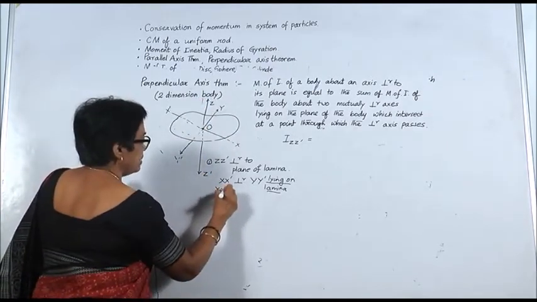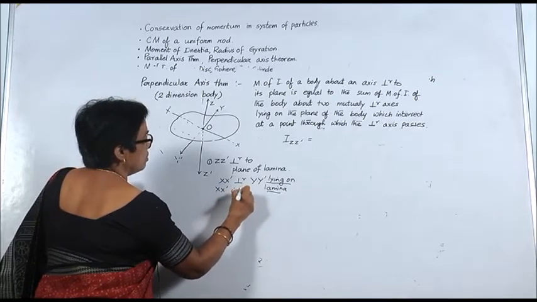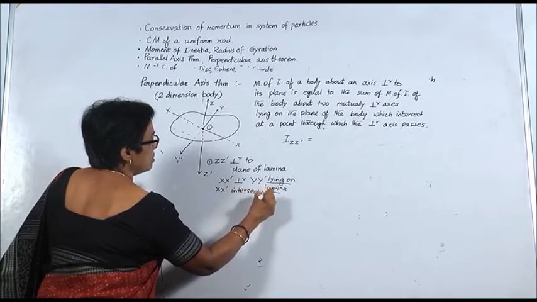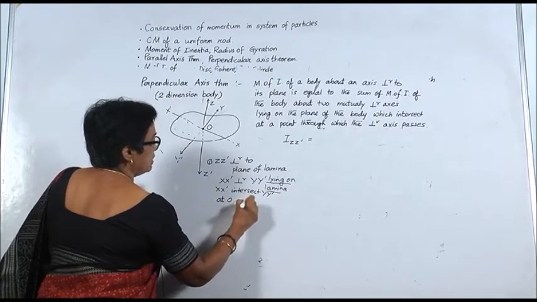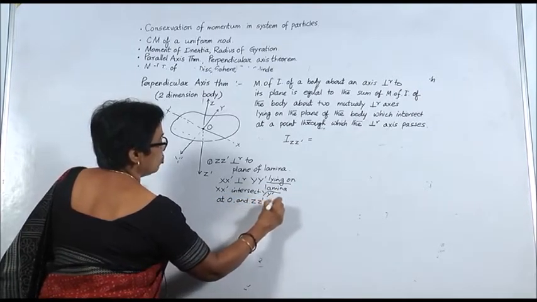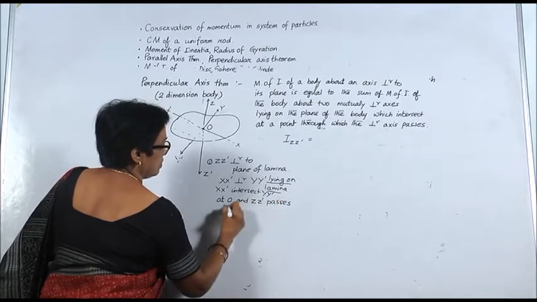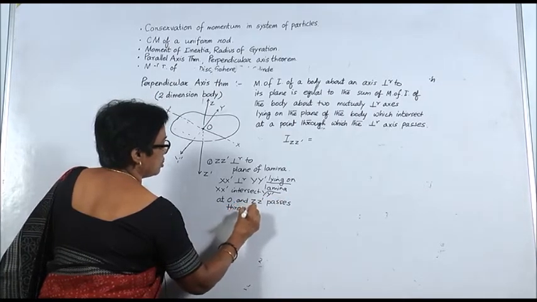So, x dash intersects y dash at O and my z dash passes through O. These are the conditions.